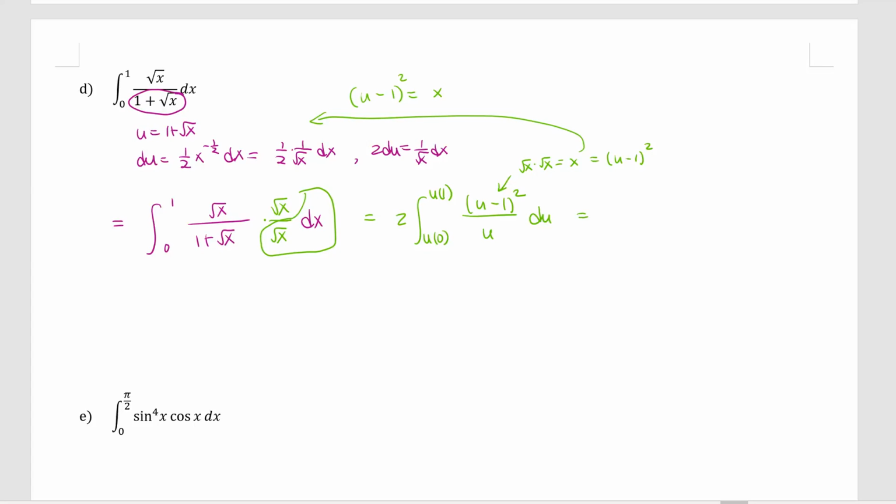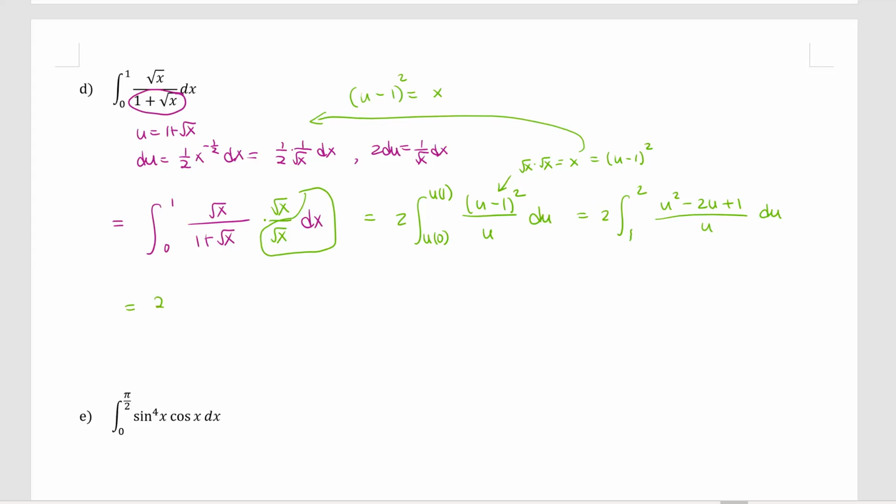And let's continue. u of 0, 1 plus 0 is 1. u of 1, 1 plus 1 is 2. Okay, so here we have a fraction. We're gonna multiply out and split, right? So u minus 1 squared is u squared minus 2u plus 1. And u du. And then what's next? Let's split.